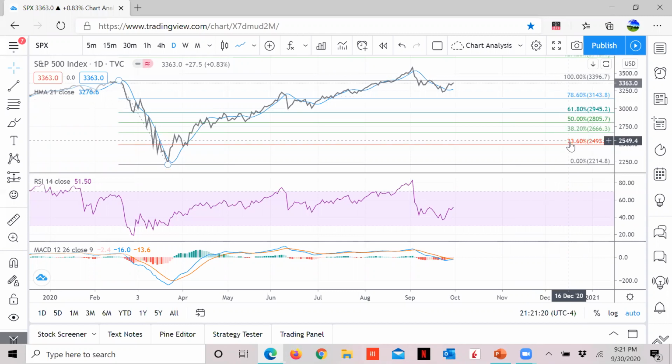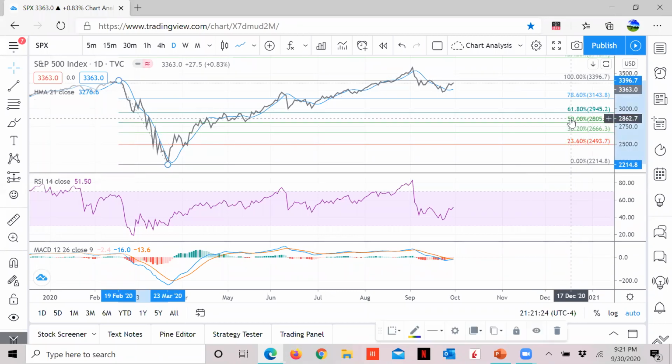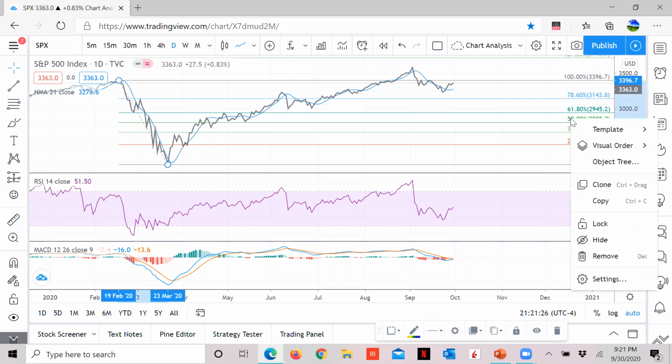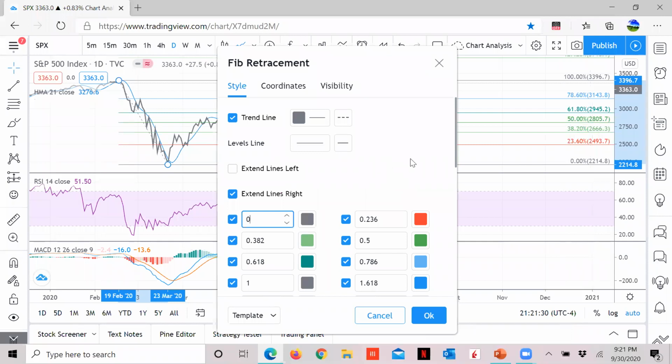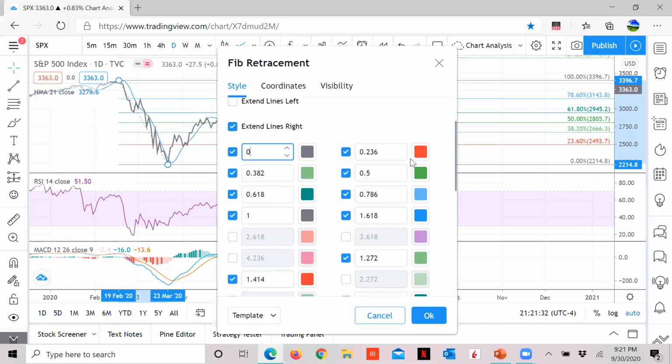And if you don't want certain percentages, or you want to turn them off, you click on it, right click, go to the settings, and you see the values here. If I turn it off, then this level turns off. You see in the background, those levels are turning on and off.